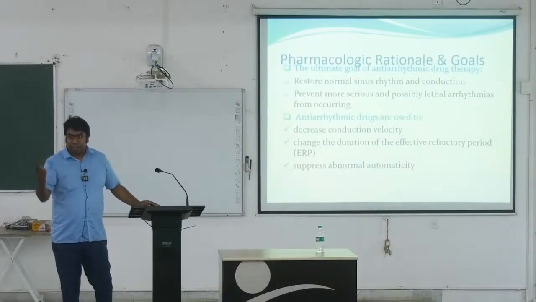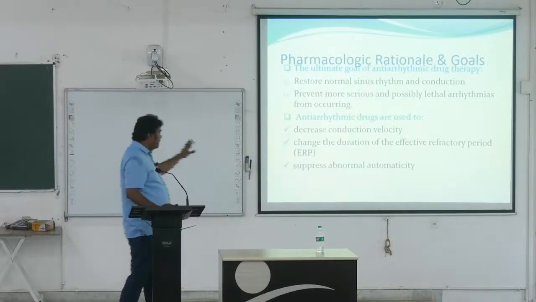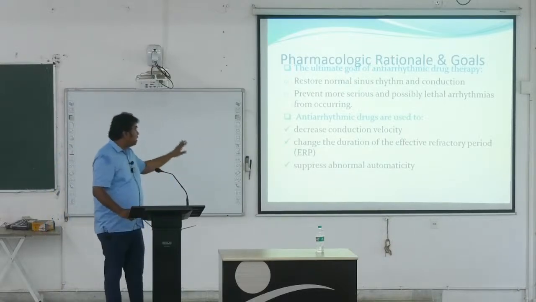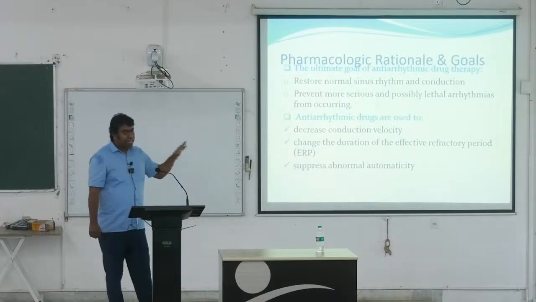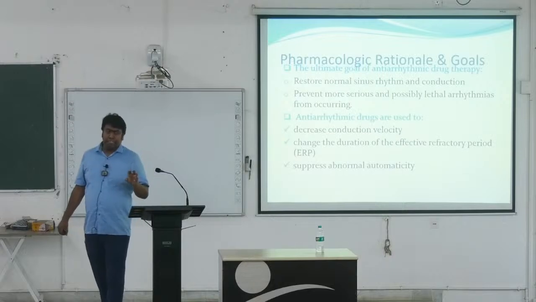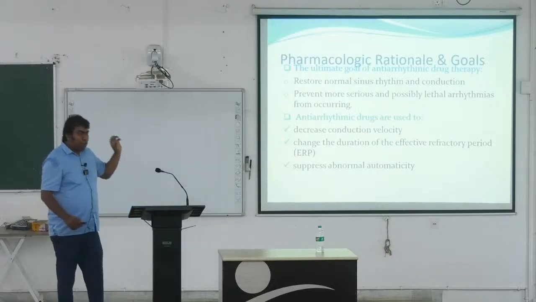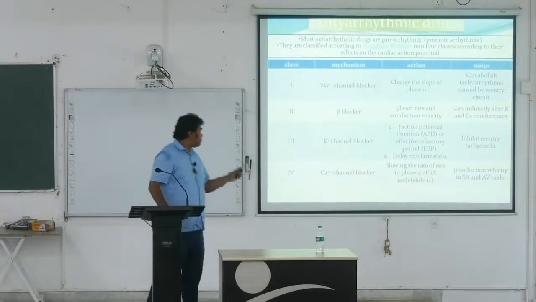That may be another goal. Decrease conduction velocity, change the duration of the effective refractory period, suppress the automaticity. These three are the more focused targets for the antiarrhythmic drugs.